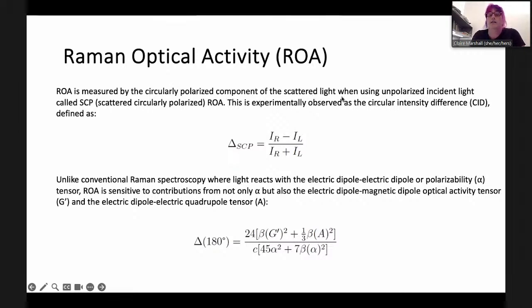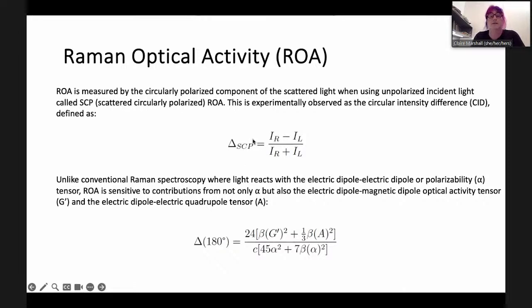We use unpolarized light, and we have an electro-optic modulator that then produces circularly polarized light. We impinge that upon the sample, and the sample scatters either right-handed or left-handed circularly polarized light. This can be observed experimentally as the circular intensity difference, defined by this equation here.